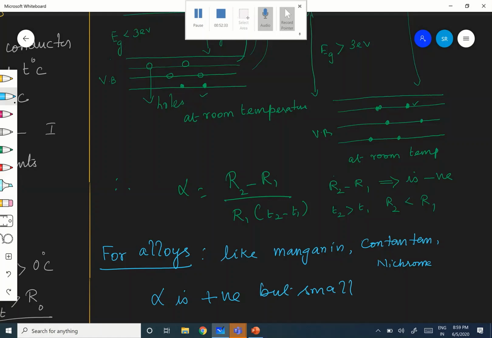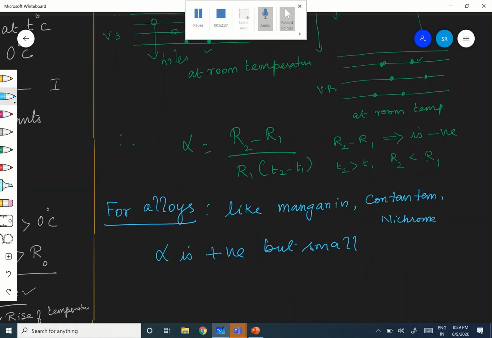Small, what do you mean by this? As you increase the temperature, resistance is increasing, but the increase in resistance is very small. Alpha is equal to R2 minus R1 by R1 into T2 minus T1.